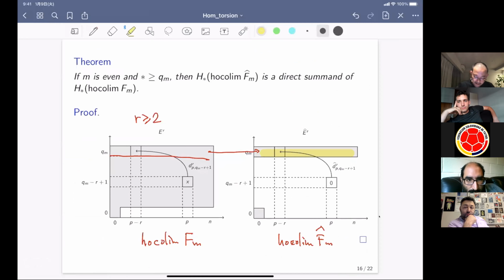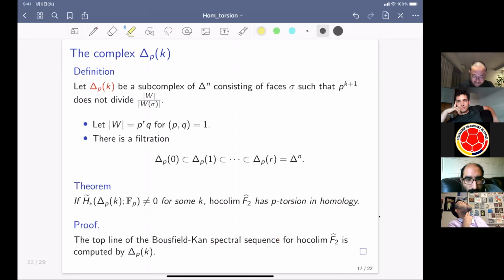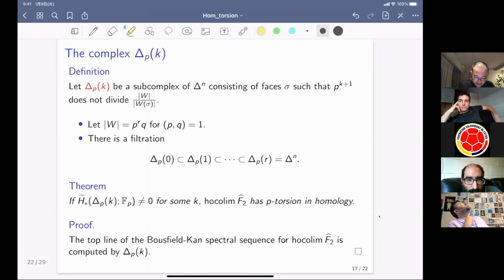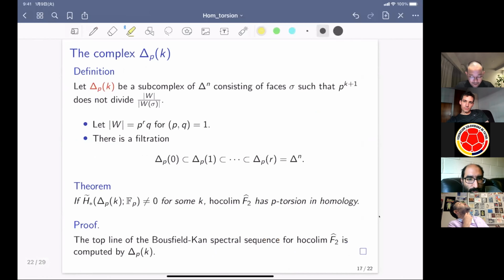Right. So now, the computation has been reduced to the computation of the mod p homology of this complex.